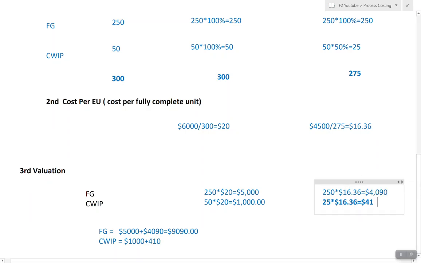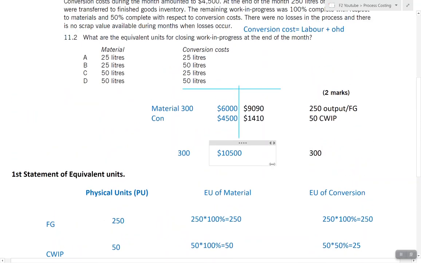So the value becomes 1,410, same as above. And when we add it together, it becomes 10,500. Okay, let's continue.